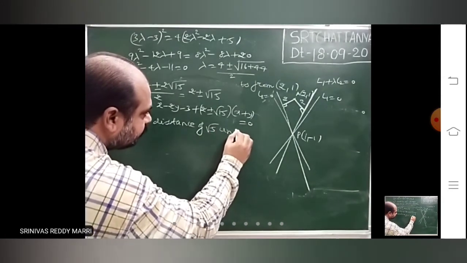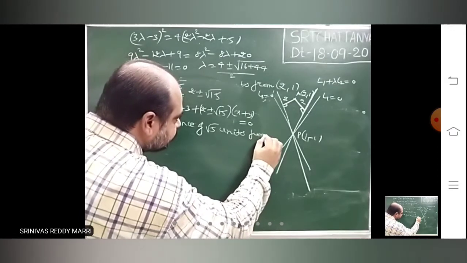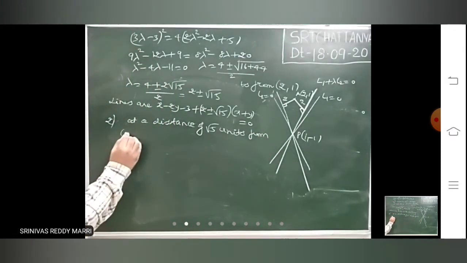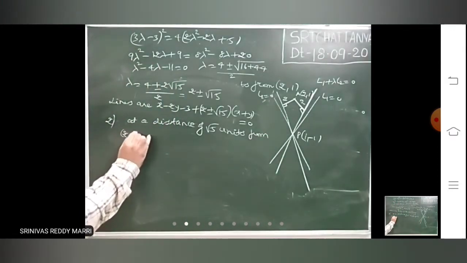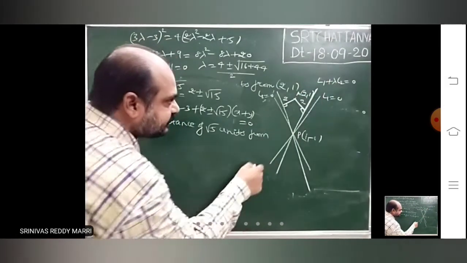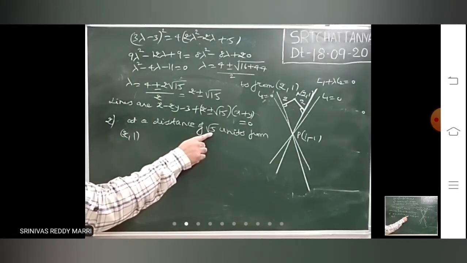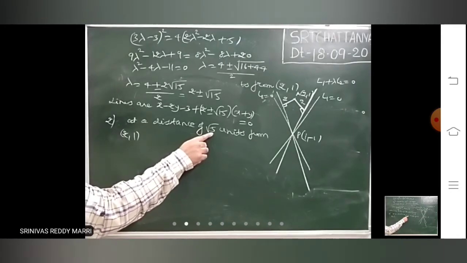Same statement: at a distance of √5 units from 2 comma 1. So you want a line passing through the point of intersection of both and at a distance of √5 units from 2 comma 1. That means here the perpendicular distance is √5 units.